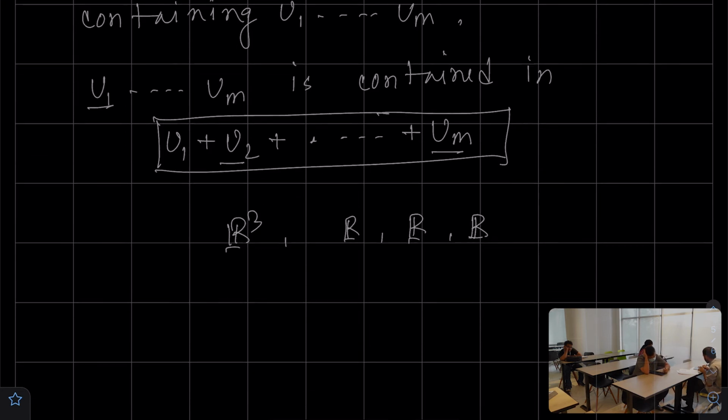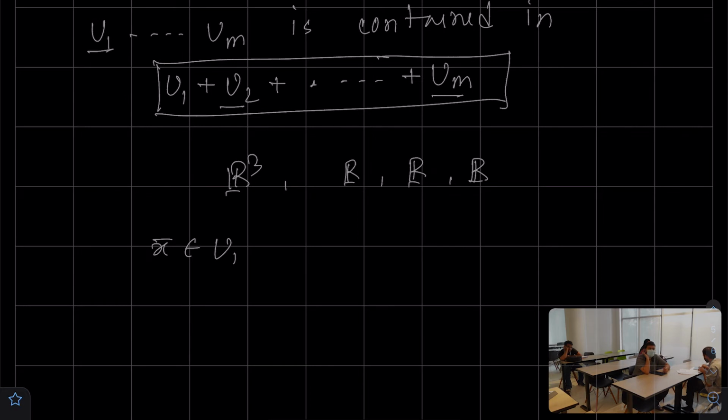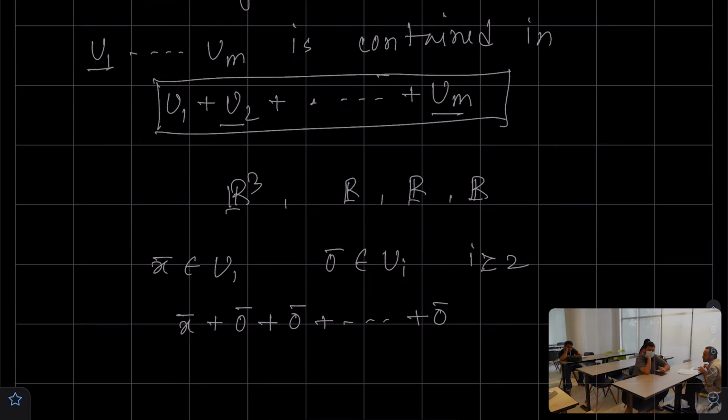If vector x belongs to U1, and you take the 0 vector belonging to Ui for i greater than or equal to 2, then x plus 0 plus 0 plus 0 is an element of the summation. So U1 is contained in this, and every other U2, U3, everything is contained in this summation. Okay.